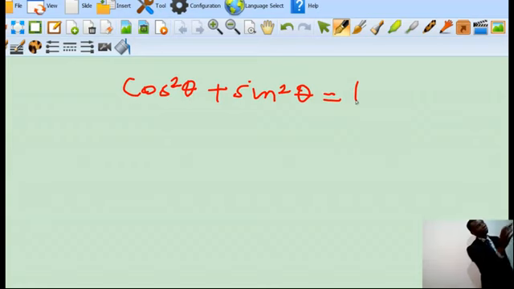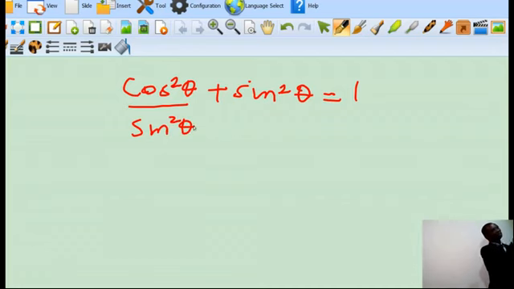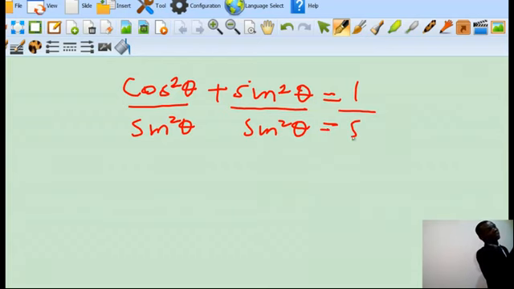You can also divide through by sine square theta to obtain an expression.